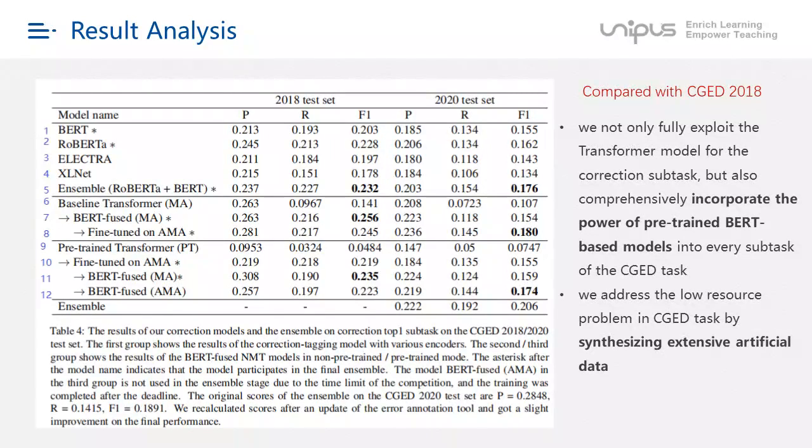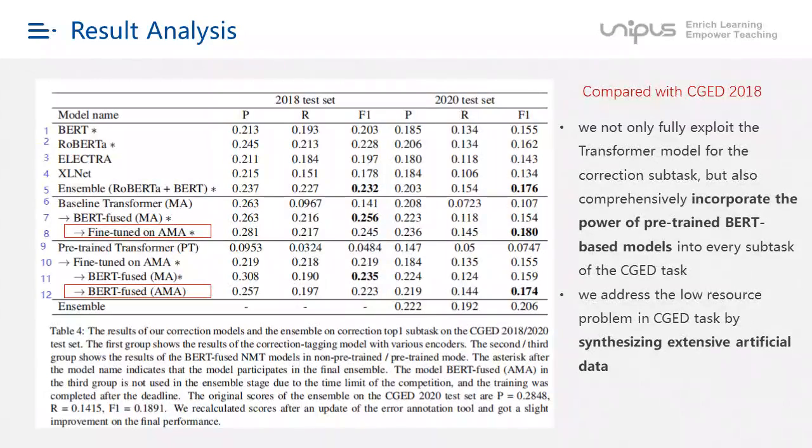Firstly, we can see that our two best single models are Model 8 and Model 12. We can see they are all BERT-fused models. This shows that the most powerful GEC method is BERT-fused AMT models.